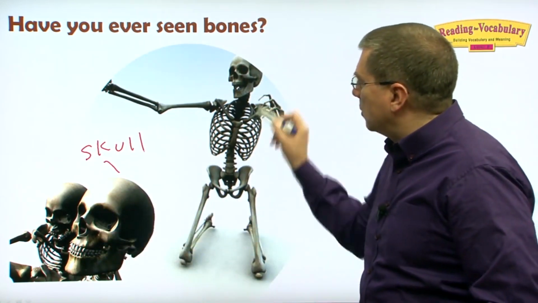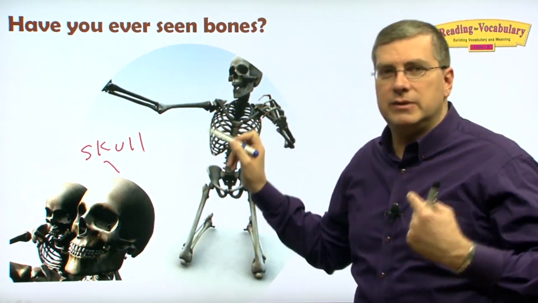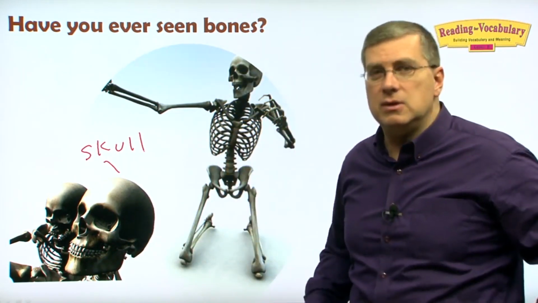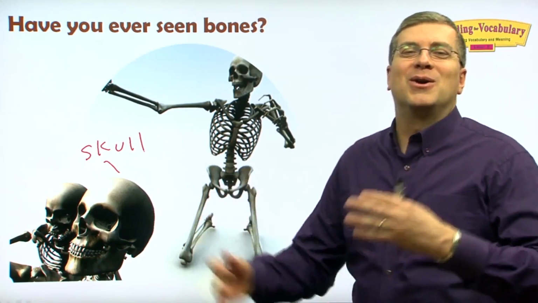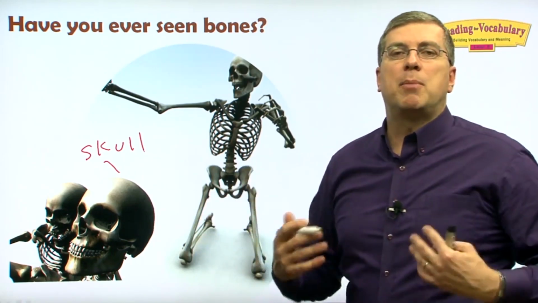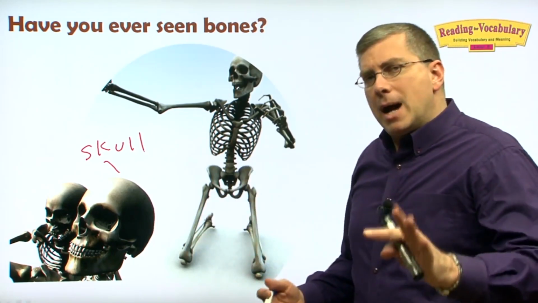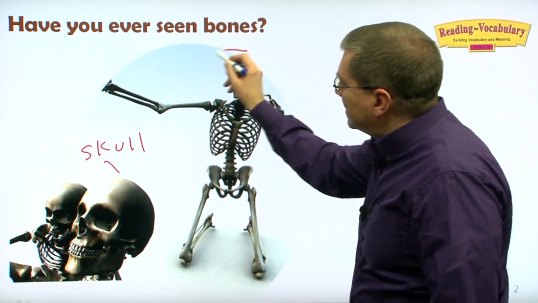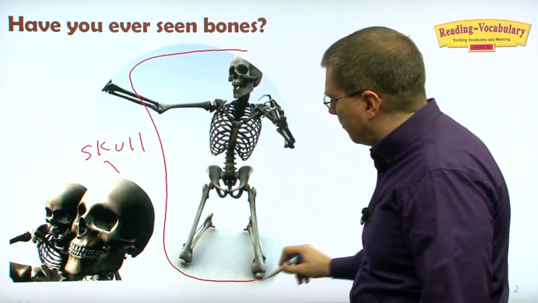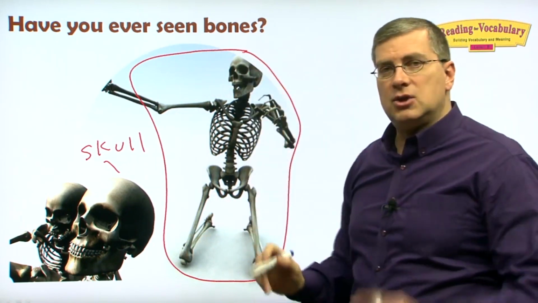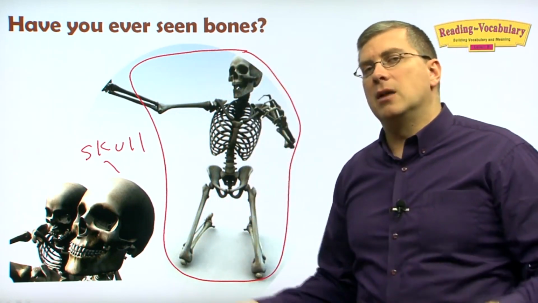There's all different bones. So your head bone's connected to your backbone, connected to your leg bone. We've got all different bones in different parts of our body. By the way, do you know what the entire collection of bones is called? Not just for humans, but for animals too.